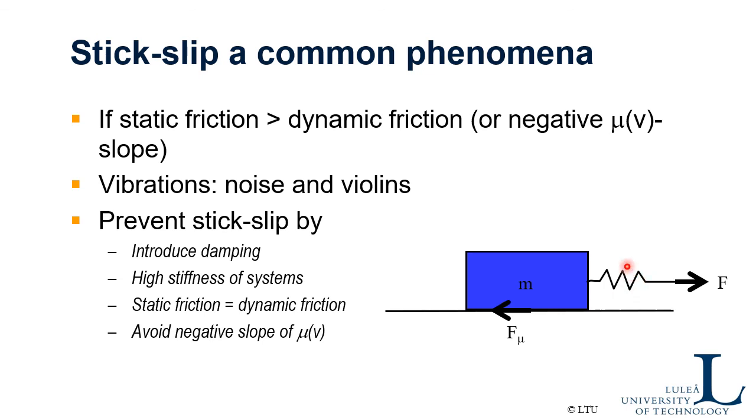You may have very high stiffness of the spring, but most important, you should try to keep the static friction the same as the dynamic friction, and you should avoid the negative slope of the mu versus velocity curve. That is to avoid both stick slip and shudder.